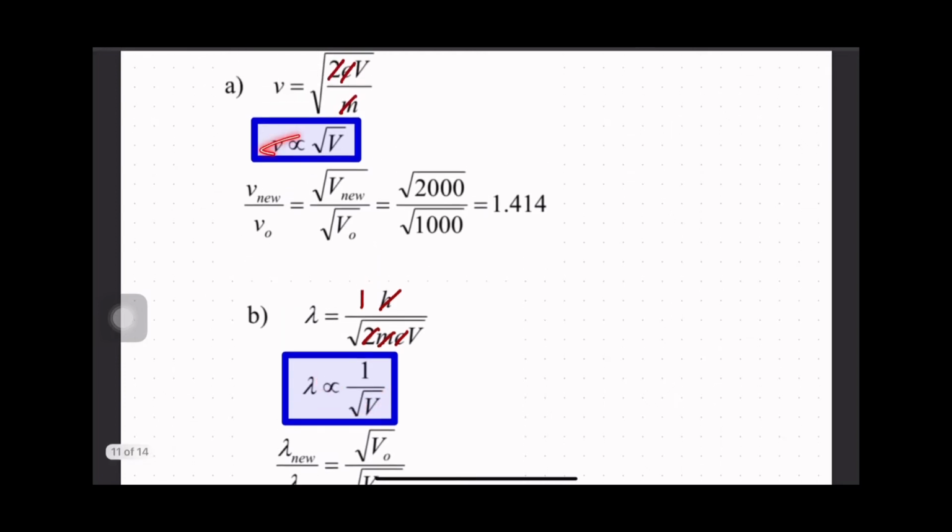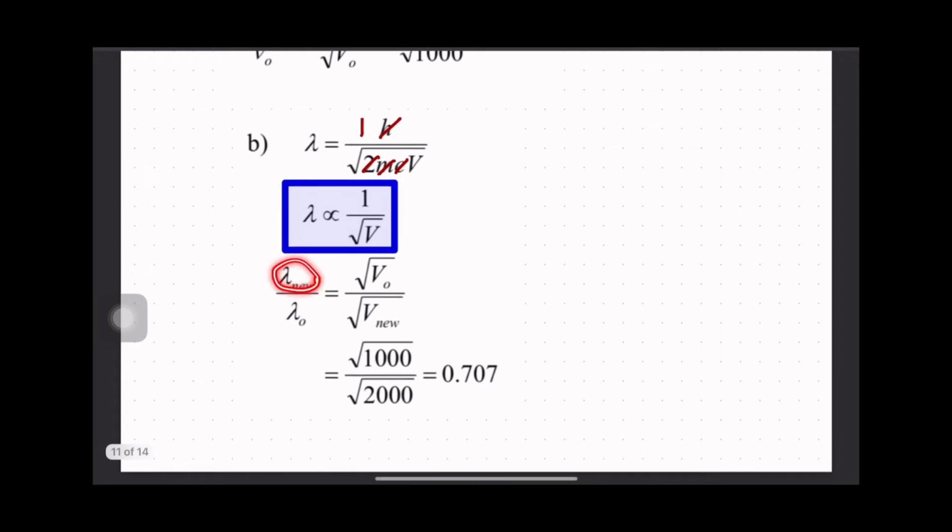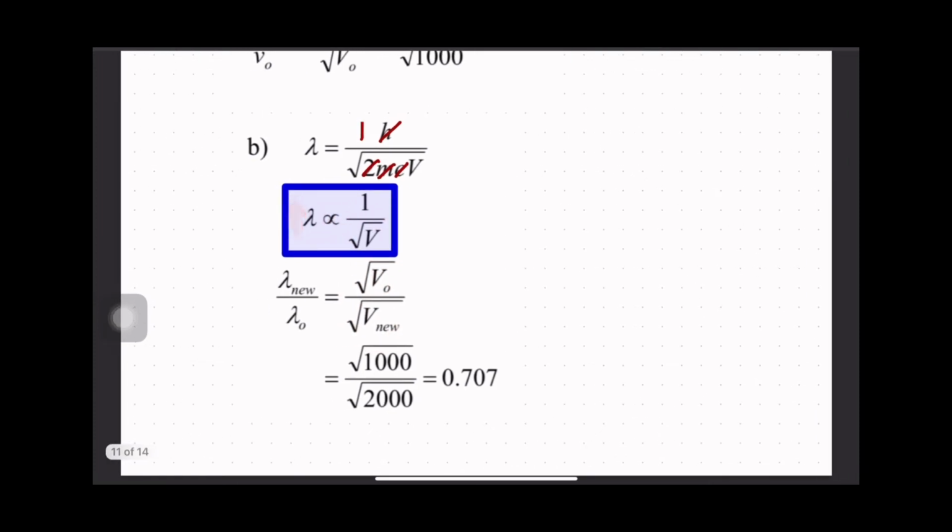Macam tadi ni satu baris, directly proportional. Kalau macam ni dia inversely lah, jadi dia akan terbalik. Nampak tak? Susunan dia tu terbalik. Okay, so kita akan susun lambda new over lambda naught is equal to square root of V naught over V new. Okay, sebab dia inversely proportional relation dia. Kalau lambda tinggi, square root of V ni akan rendah. Tu inversely proportional lah. Substitute the value, so we get 0.707. This is the ratio of lambda new over lambda naught.